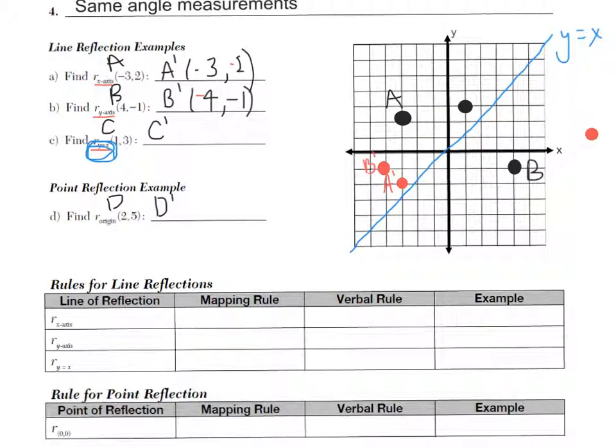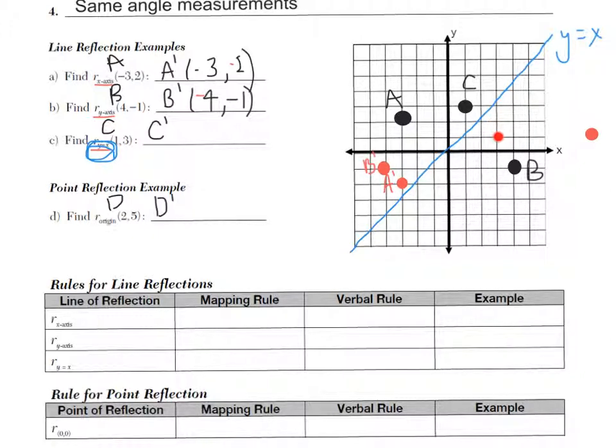So when I reflect the point 1, 3, this is my point C, it's going to go diagonally over this line. So instead of jumping straight over the y-axis or straight over the x-axis, it's going to be somewhere here. I'm going to hypothesize this is where it's going to be. So let's think about what that means.